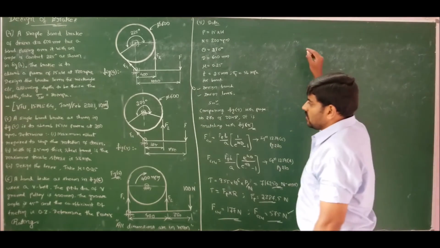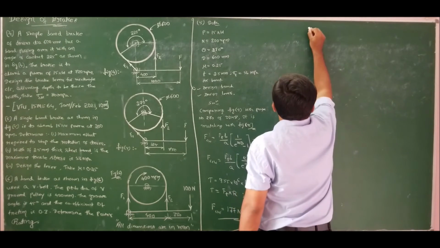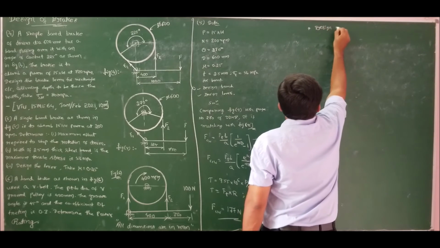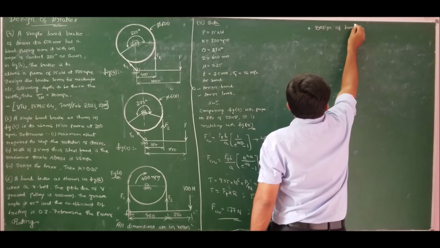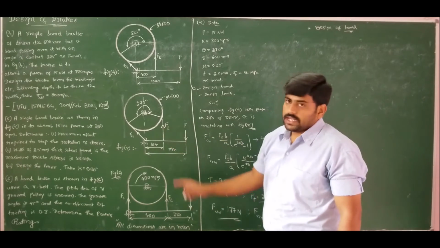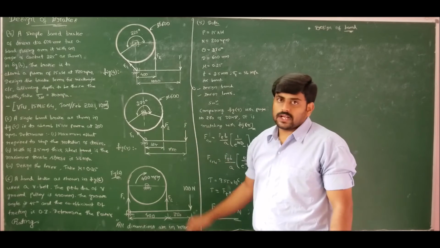Next, let us move to the design of the band. First, I should calculate the tensions of the band, that is T1 and T2. Here we are using F1 and F2.